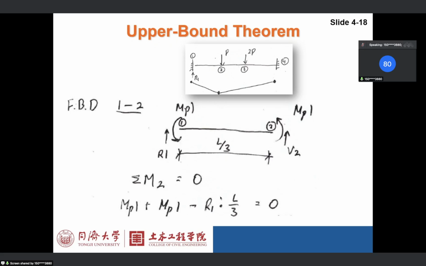The first thing you need to do is get the reaction, and then you draw a free body diagram of the isolated beam, and then you use equilibrium, and you can get everything. This is a basic step. It's the same here. So the first thing we need to do is to get R1 and R4. If we get R1, we get R4 because of the vertical equilibrium. It's not a problem. So how can we get R1?